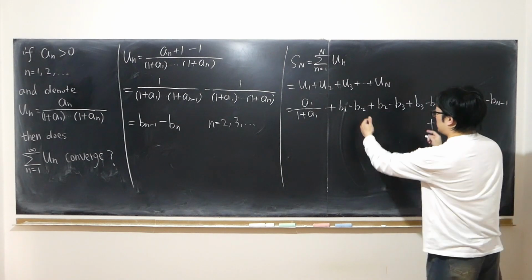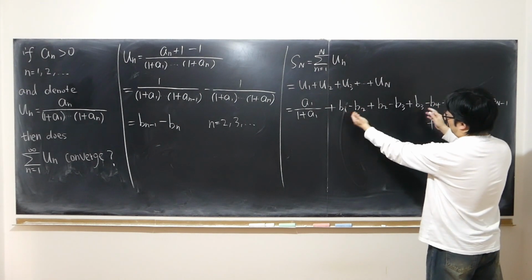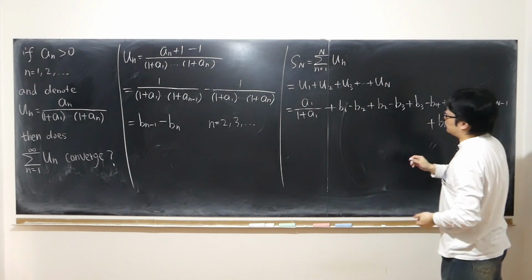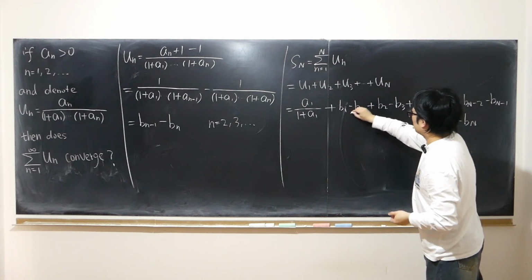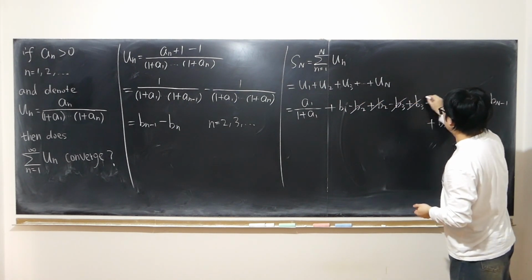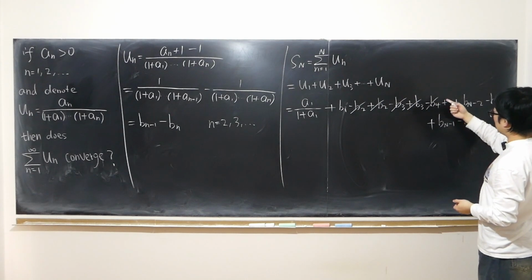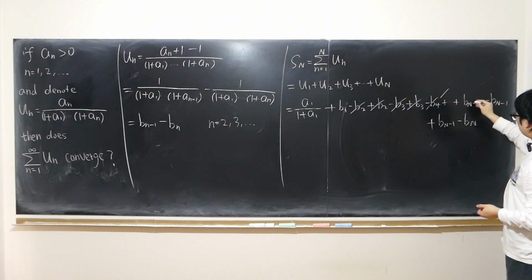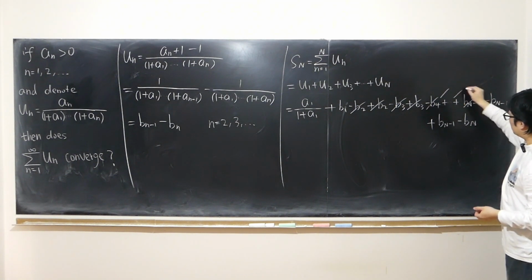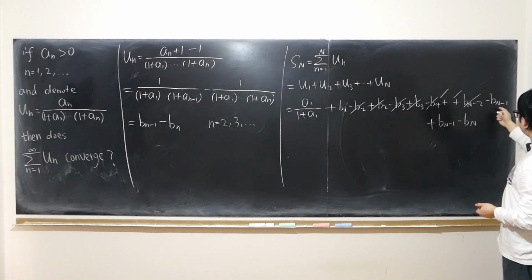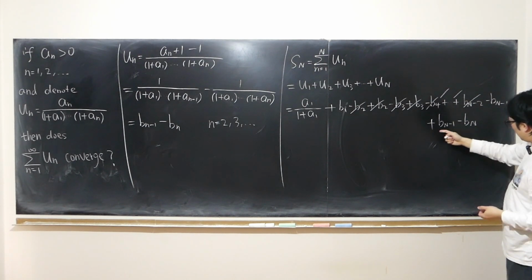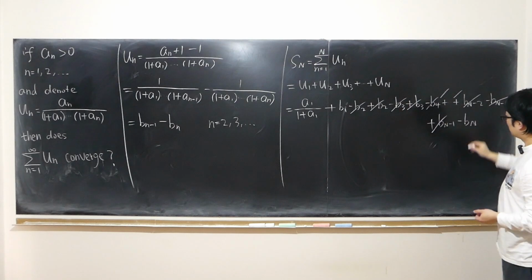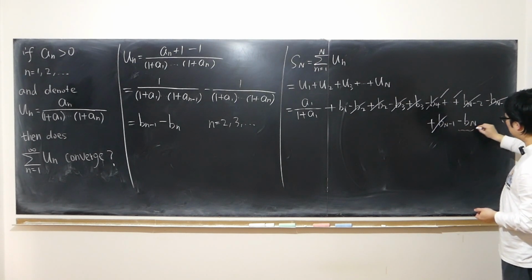So this is obviously a telescoping series, so we can cancel out these terms. Minus b_4 cancels with the next, positive b_4. This term obviously cancels out with the previous term: minus b_{N-1} plus b_{N-1}. We still have this term.